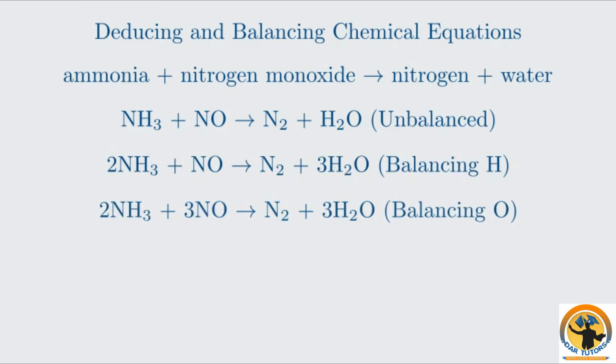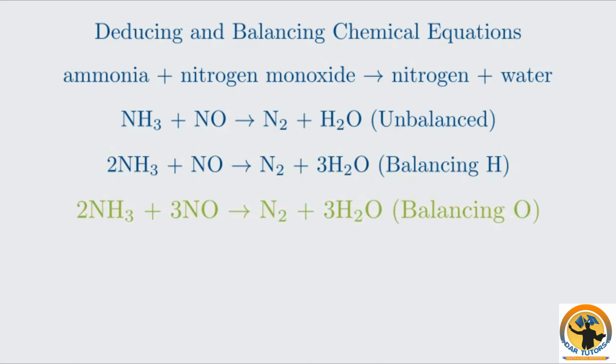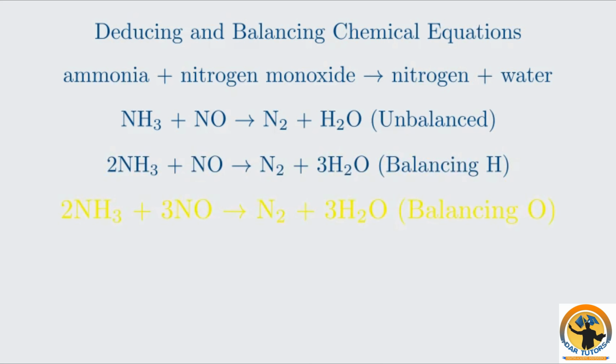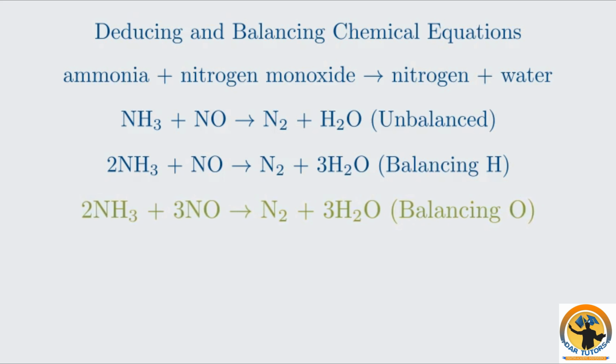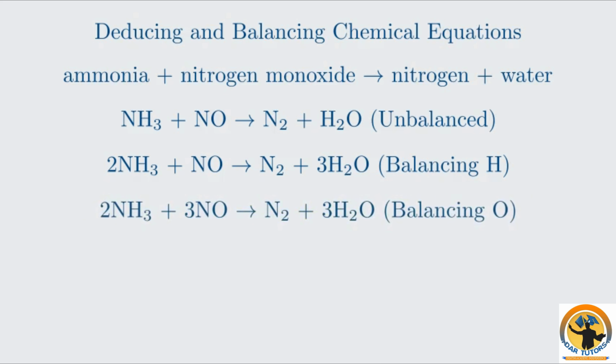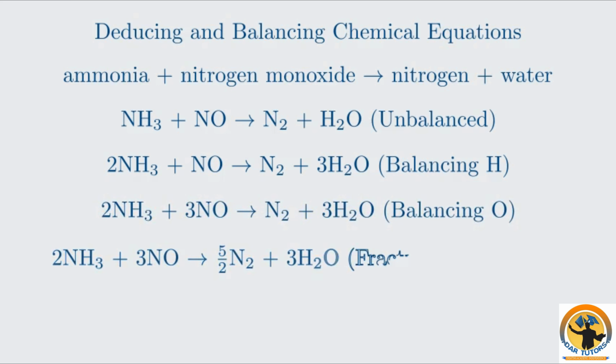Finally, we balance nitrogen. On the left, we have a total of 5 nitrogen atoms: 2 from 2NH3 and 3 from 3NO. On the right, we have 2 nitrogen atoms in N2. This gives us 2NH3 plus 3NO yields 5/2 N2 plus 3H2O.